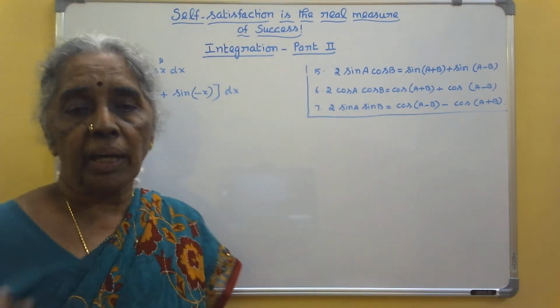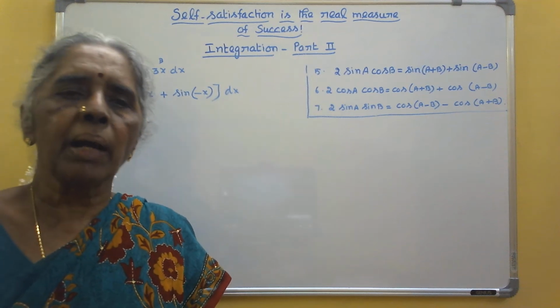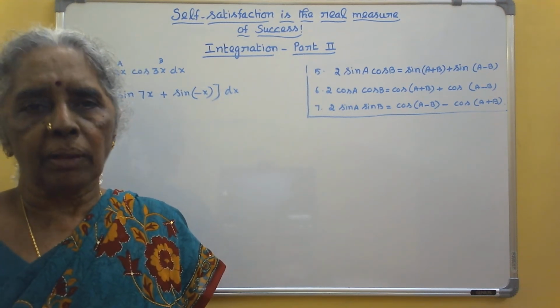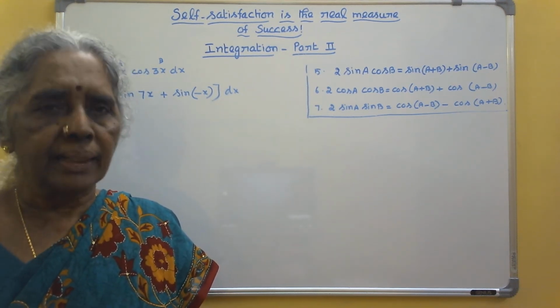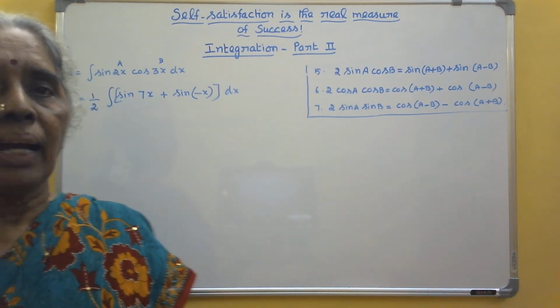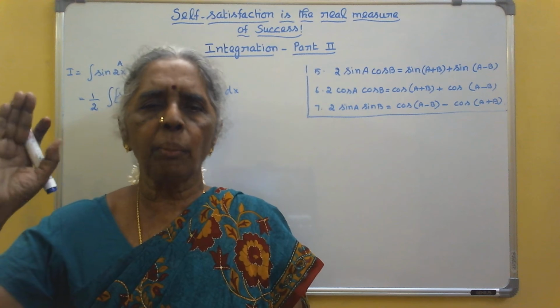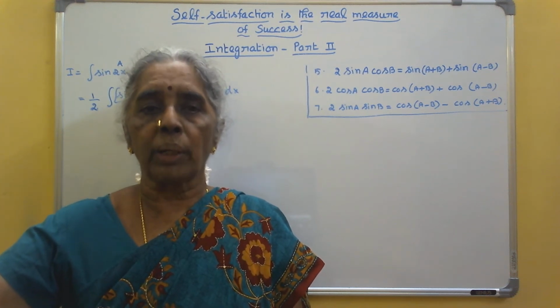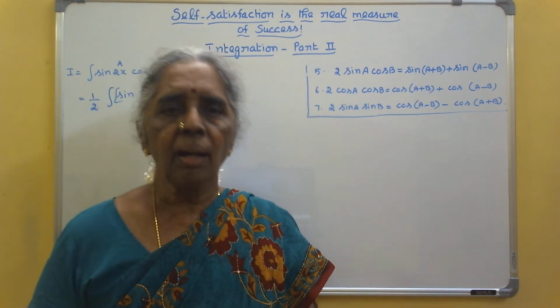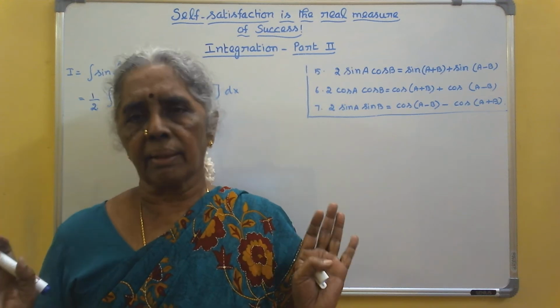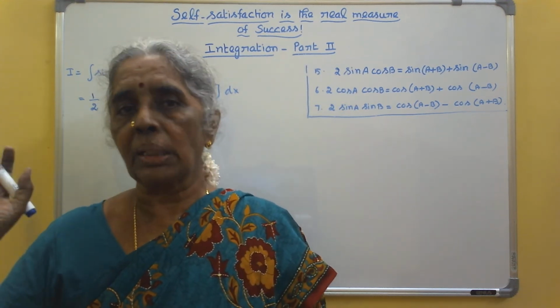You know, sine of minus theta is minus sine theta because in the fourth quadrant sine theta is negative. See, actually you don't have trigonometry this year, but all the trigonometric concepts which you studied you are using in differentiation, and now you are learning them in integration. So you should remember all the basics.